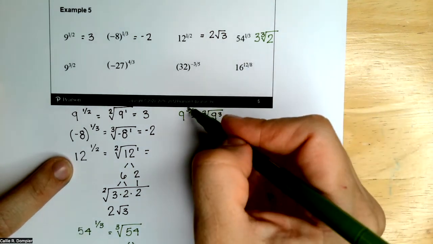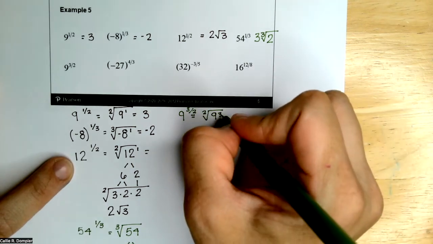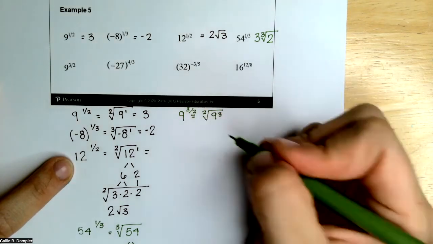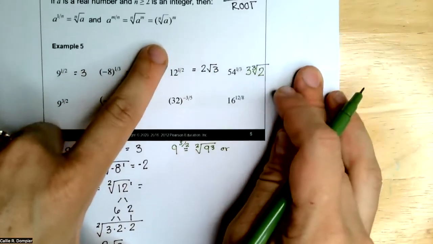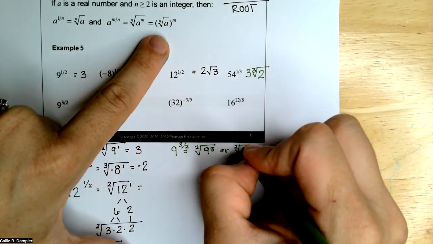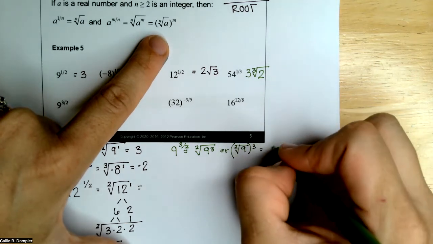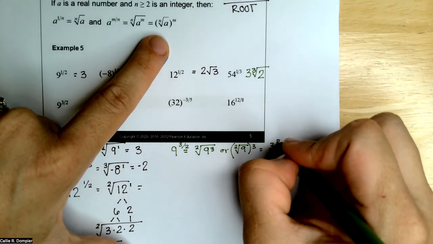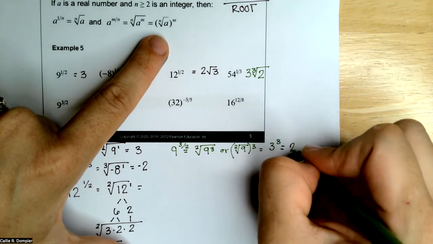So remember, exponent over index or exponent over root. So you can take 9 to the third and take the square root of it, or this rule says we can take the square root of 9 and raise it to the third power. We know that the square root of 9 is 3. 3 to the third power is 27, right?